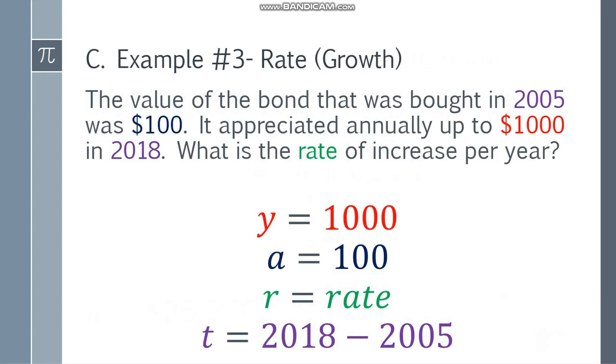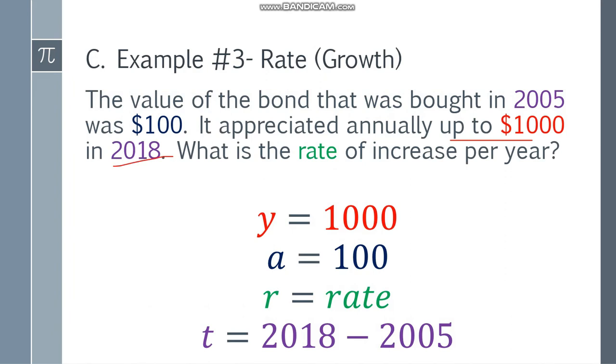Let's have the third example. Paano pag rate yung nawawala? The value of the bond that was bought in 2005 was $100. It appreciated annually, sabihin, tumaas yung value, up to $1,000 in 2018. Ngayon, what is the rate of increase per year? So, lagi may mga given, y is equal to 1,000 kasi up to 1,000 in 2018. So, ito yung future.